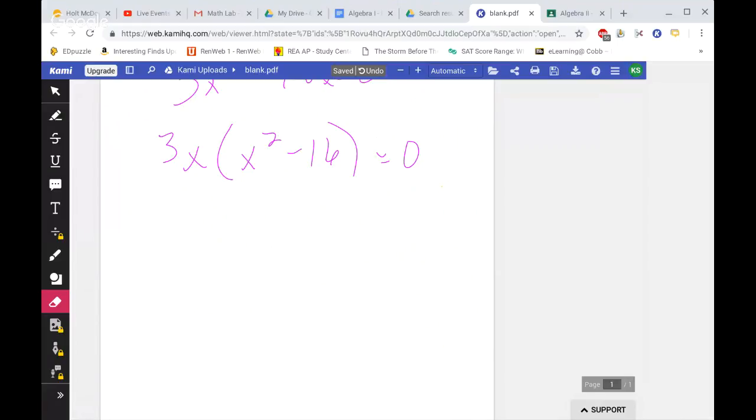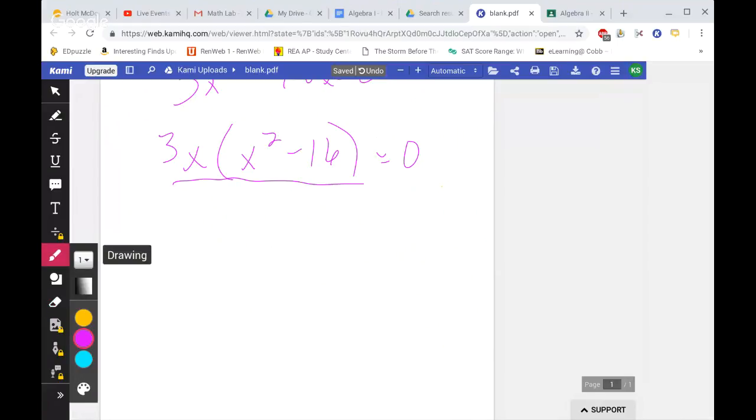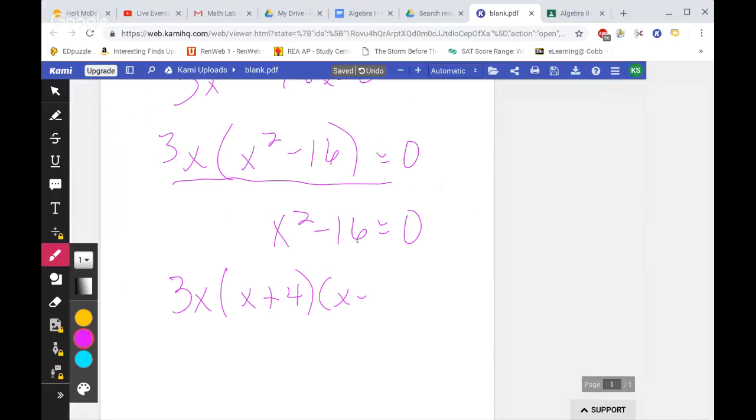See where they went from this step right here that I have, and then they went to this. What did they leave out? 3x. Yeah, and that's what I'm saying. That's really important. You have to bring that down. And then they didn't really show the factors of this. They didn't show this being factored.